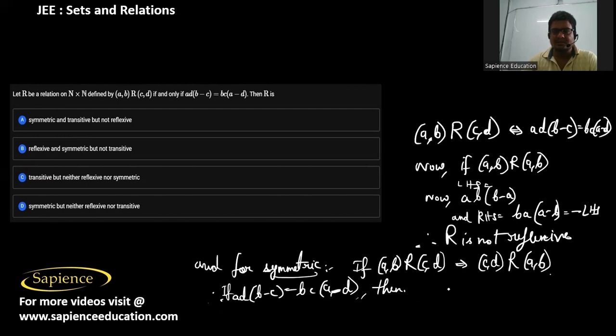That is, is CB into (D minus A) equal to DA into (C minus B)?